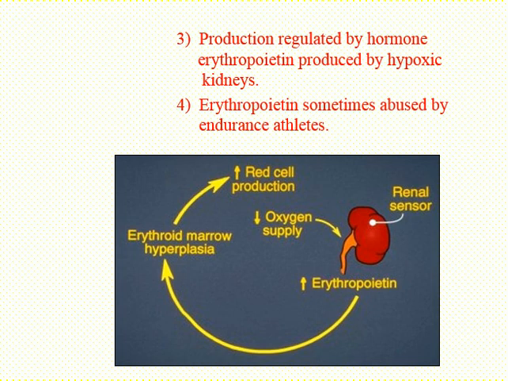Okay. Destruction of red blood cells. Maybe before I leave that, would it surprise you to learn that endurance athletes often train in plastic tents that have low amounts of oxygen in them?